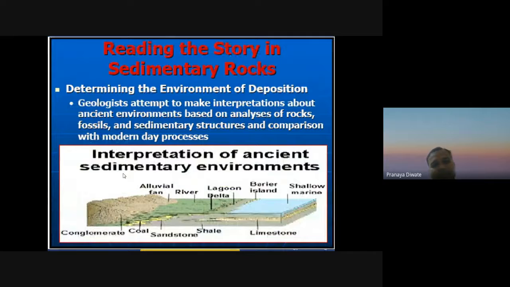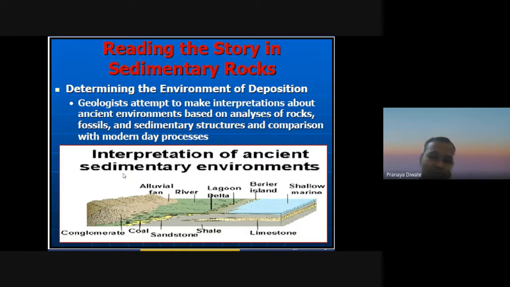Then what is reading the story in sedimentary rock? How can you read the story? You can easily determine in what environment the rock has been deposited. You have different environments, like the marine environment and the continental environment.